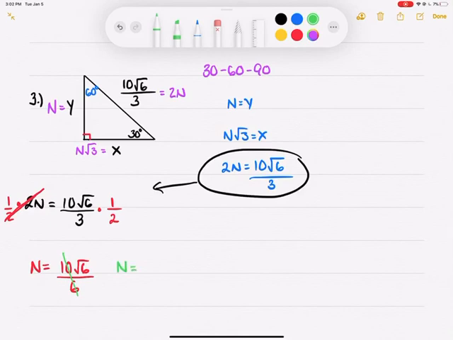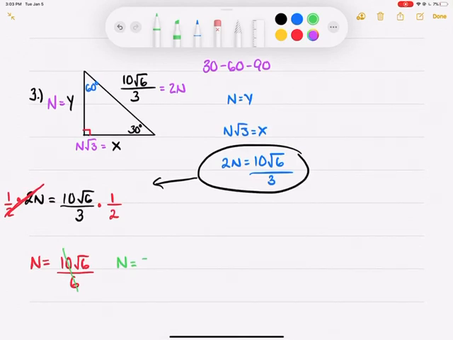I can divide both of those by 2. So I have 5 square roots of 6 over 3. So now I know what n equals. Great, that's my challenge. What does n equal? Well, I know, right? So I'm just going to go ahead and take what n equals and plug it in.